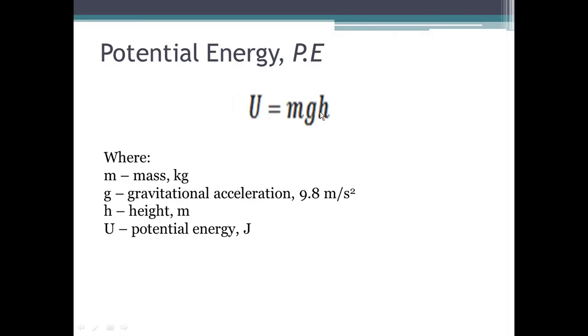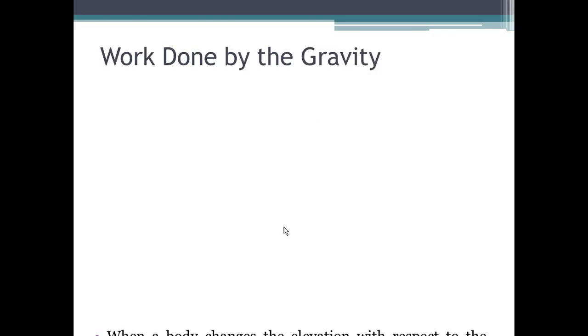Okay, so U is equal to the gravitational potential energy, which is equal to the product of m times g times height. M is the mass, g is the acceleration due to gravity, which is 9.8 meters per second squared, h is height in meters, and U is the potential energy in joules.